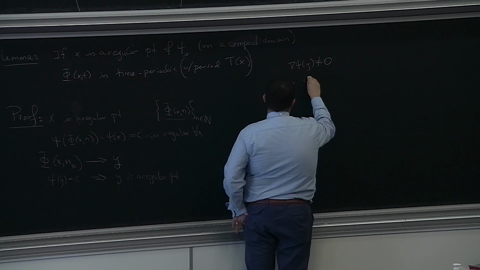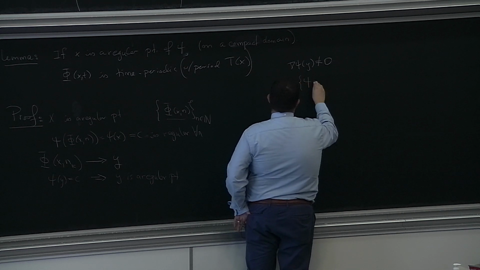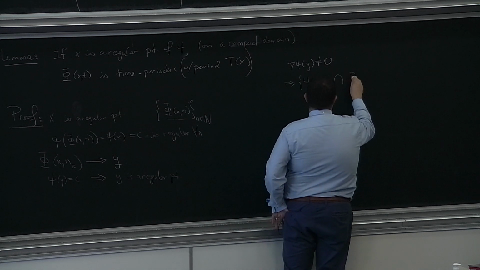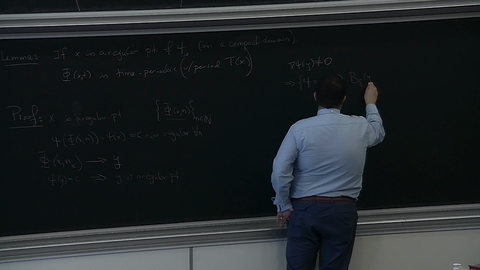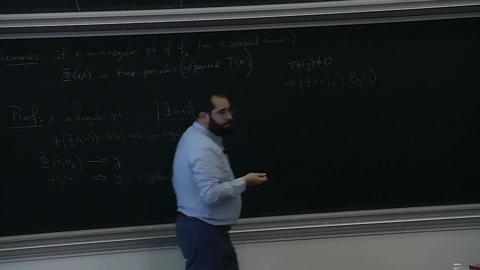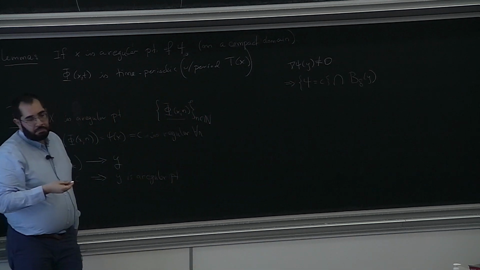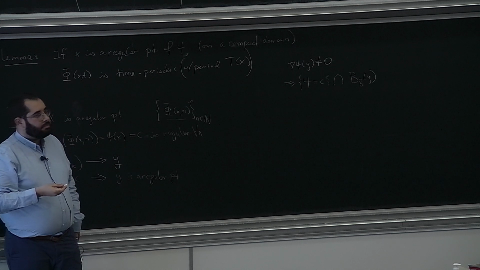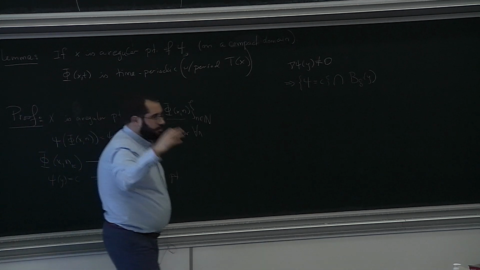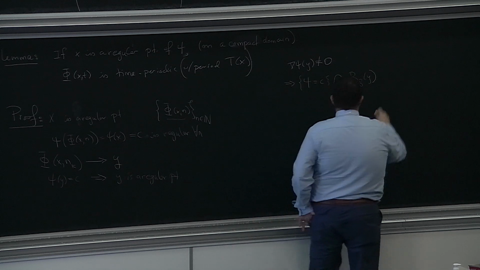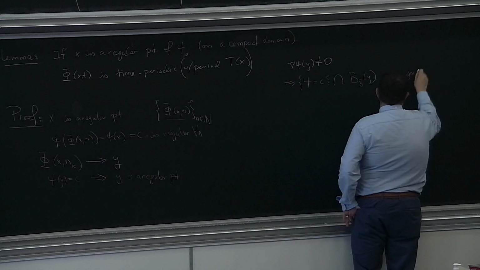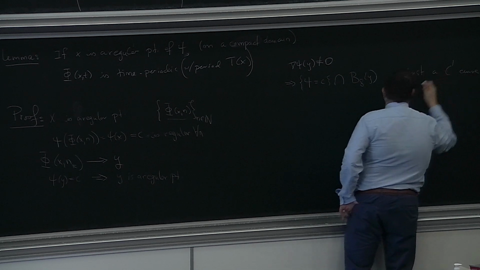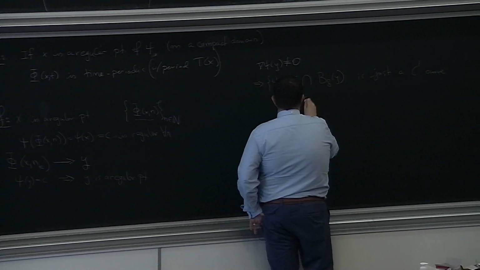It implies that the set psi equals c, intersected with a small ball around y, is just what? It's just a C1 curve passing through y.